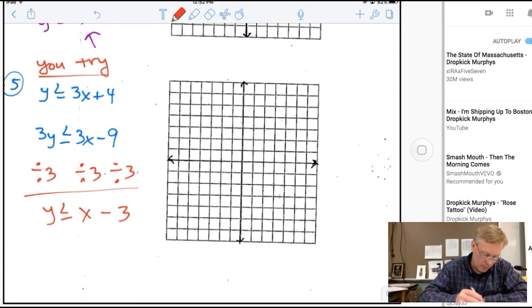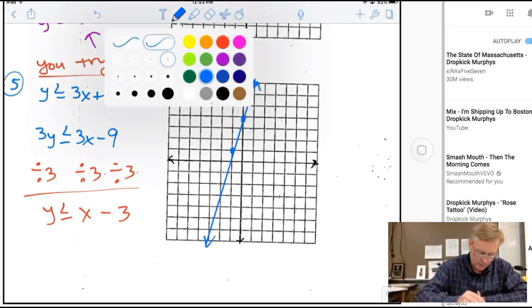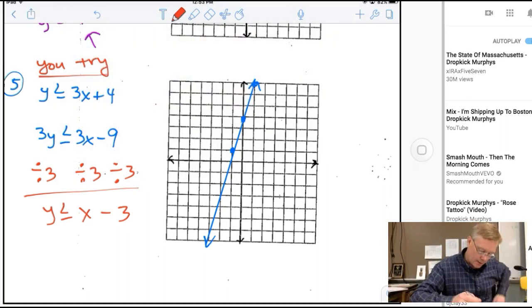So let me start with the top one, the blue one. Y is less than 3x plus 4. 4 is my y-intercept, and it has a slope of 3, which is up 3 over 1, or down 3, left 1. That's a solid line. The other one, I'll do the shading after, is y is less than or equal to x minus 3, so that's at negative 3.